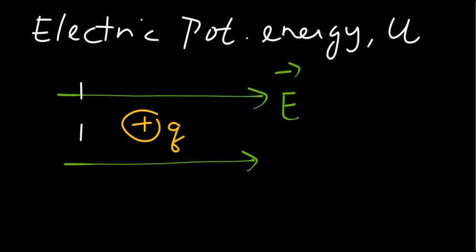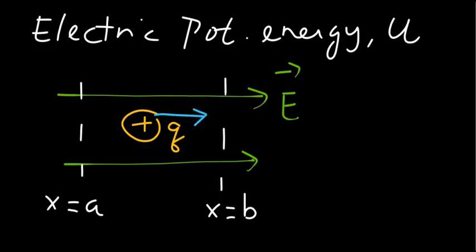And if we have, say, 2 points, this is point x equals A, and this is the point x equals B. From our previous discussion, we know that since this is a positive charge, it would tend to move in the same direction as the direction of the electric field, because it experiences a force in that direction.